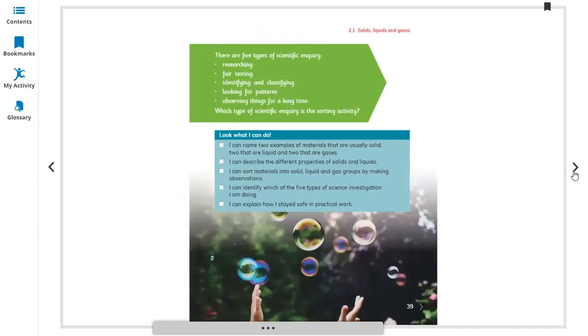There are 5 types of scientific inquiry: researching, fair testing, identifying and classifying, looking for a pattern, and observing over a long time. Which type of scientific inquiry is the sorting activity? I'll explain everything. Researching: when you research something all around you, this is called researching and collecting data.